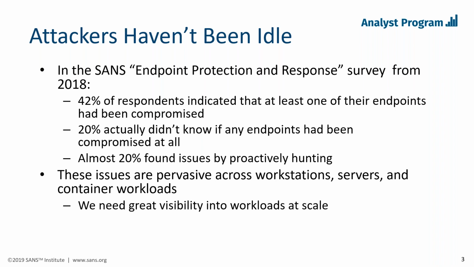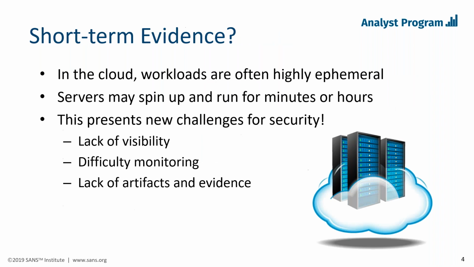On the other side, a little more positive information: another 1 in 5 said, hey, we found issues by proactively going out and doing some hunting exercises and activities that gave us that information before we were informed of such. So there's some good happening, there's some bad happening, but sadly, what we're really finding is that the scale of the workloads we're dealing with, whether on-premise or in cloud, is really reducing our capability to, traditionally at least, respond or monitor things appropriately.